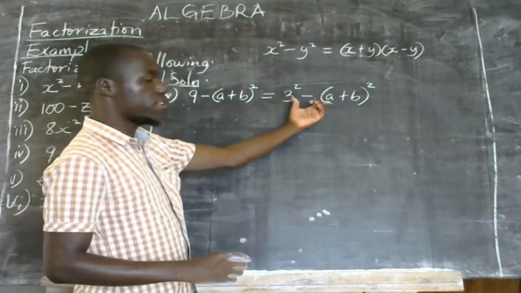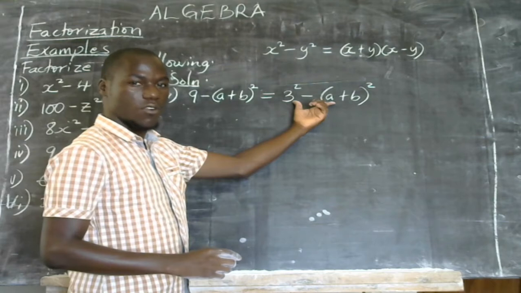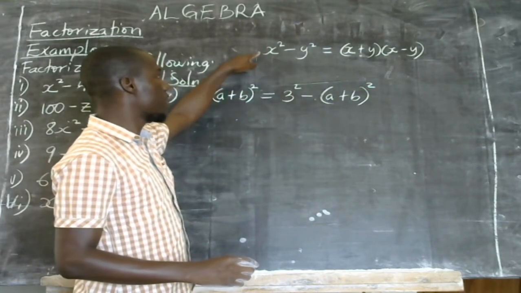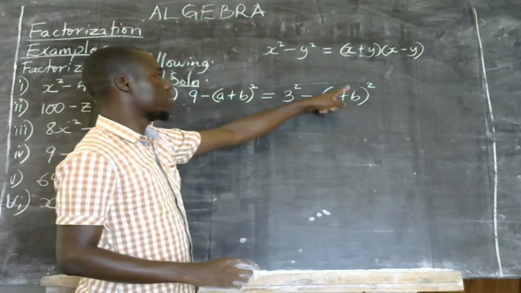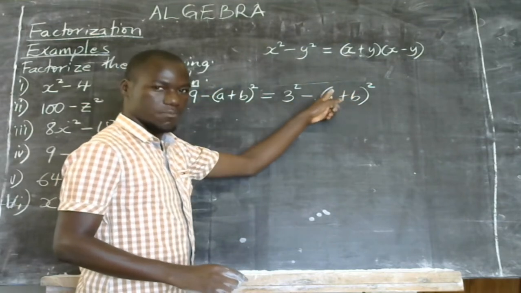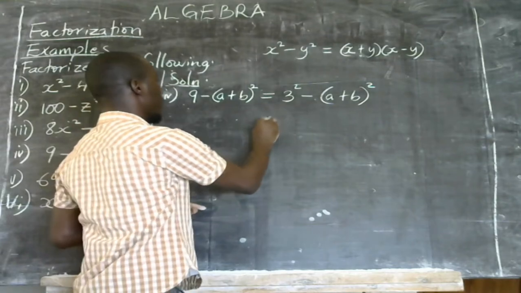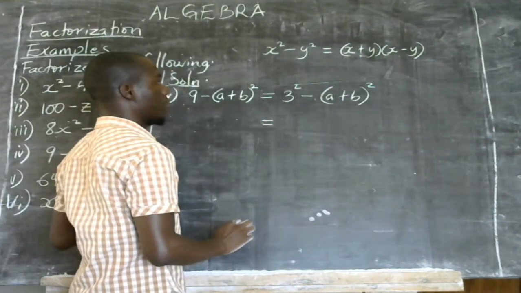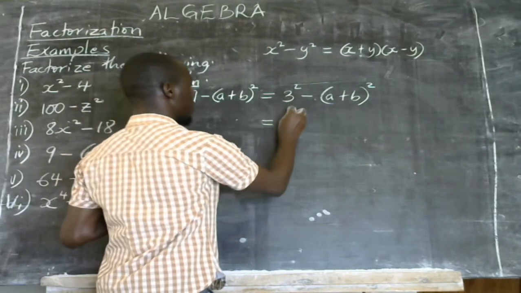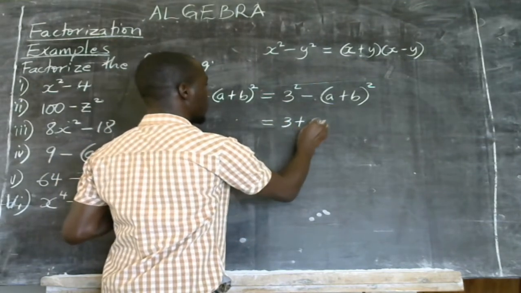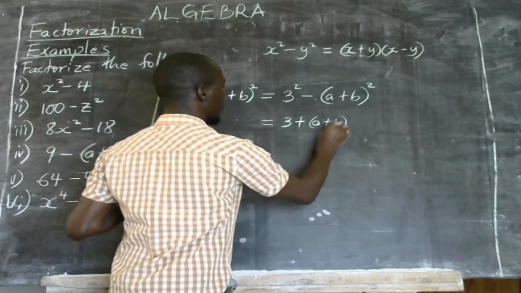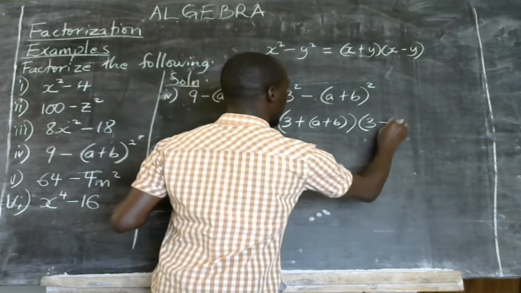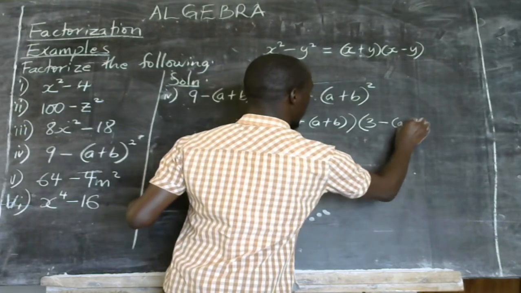Even these two here are a difference of 2 squares. When you compare with this one, the 3 is my x, then the y is the whole of a plus b. So when I write the other part of that formula, I'll be having 3 plus the a plus b, then another bracket 3 minus the a plus b.